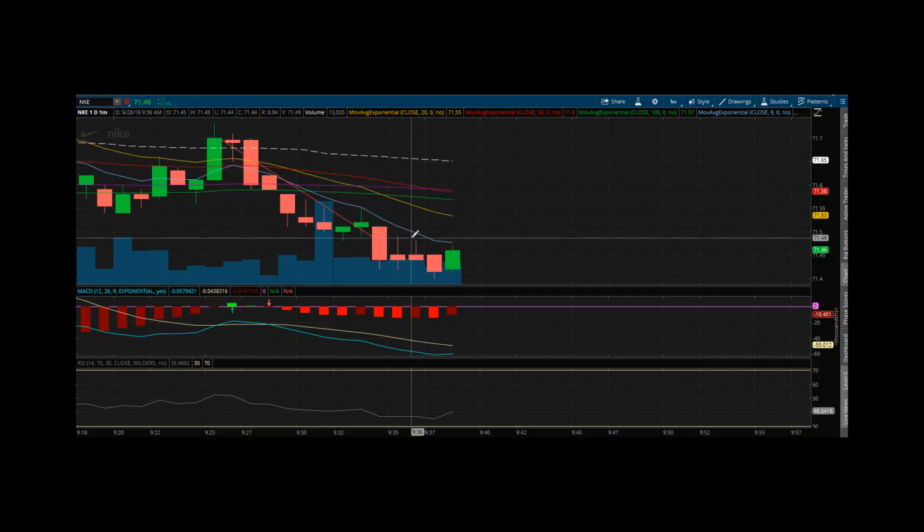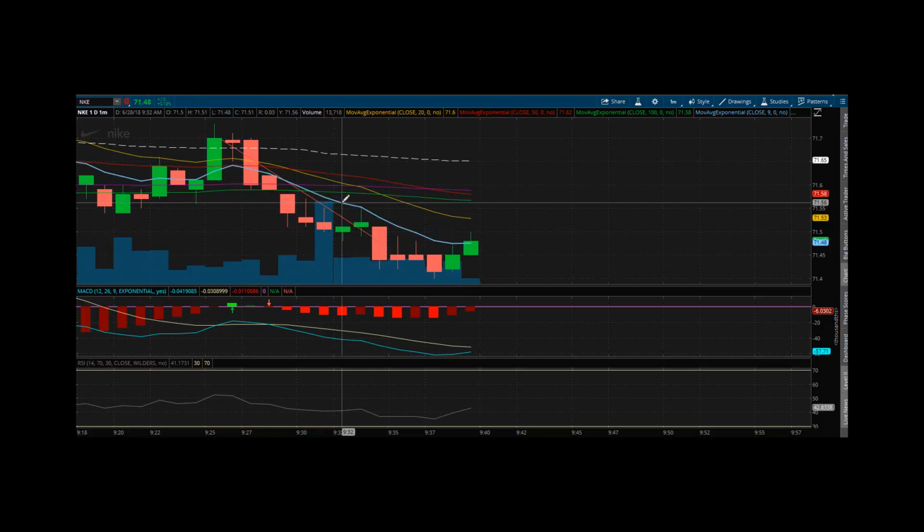And again, with a quality stock, if you see it take this good dip and it drops this far below all these EMA lines, you have your 9-minute EMA line break across all these other lines. That's basically, in a quality stock, where you would make a decision to buy in here because you were buying that dip.